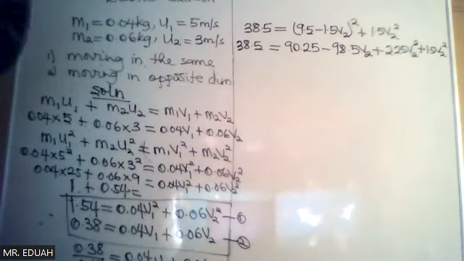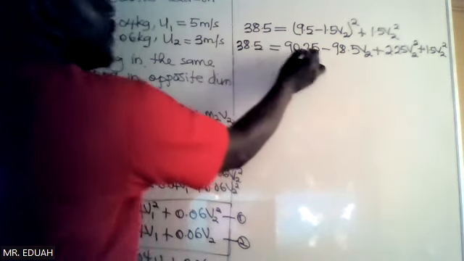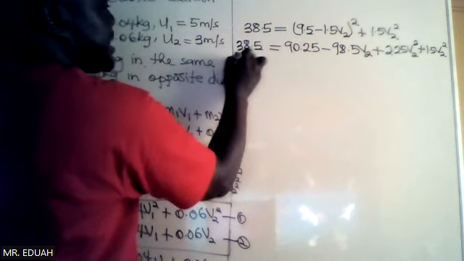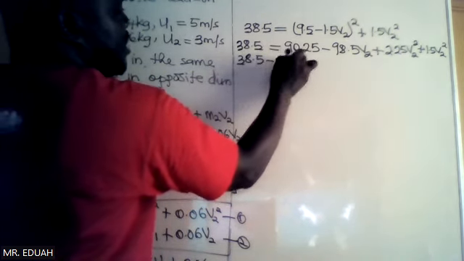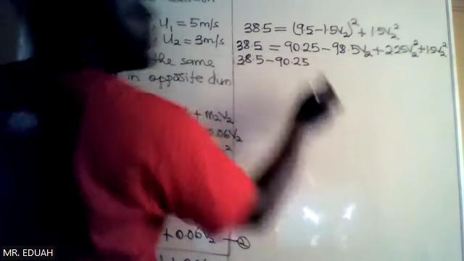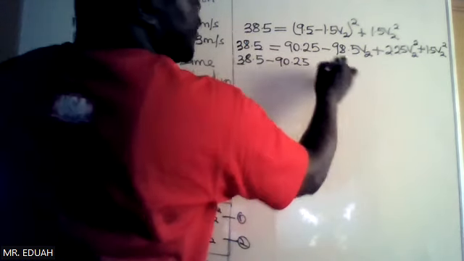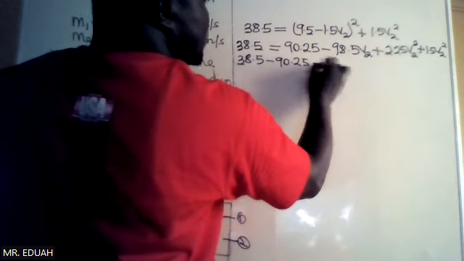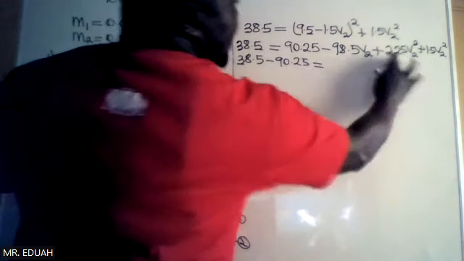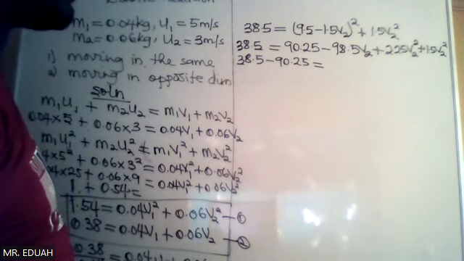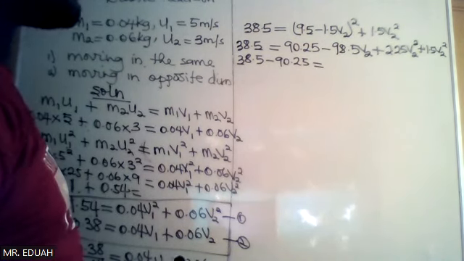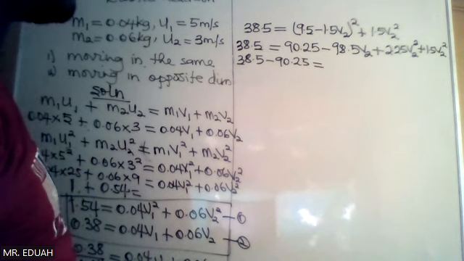So let's add like terms. Quickly, we can add this to this. 38.5 minus 90.25. Let's bring this first. 2.25 plus 1.5.